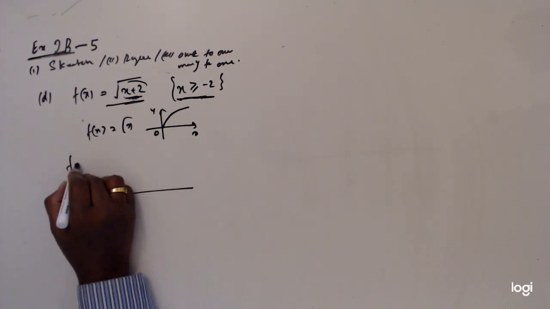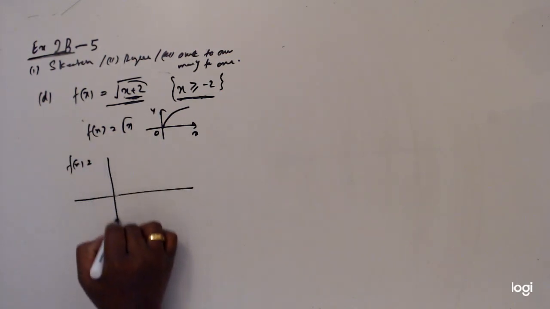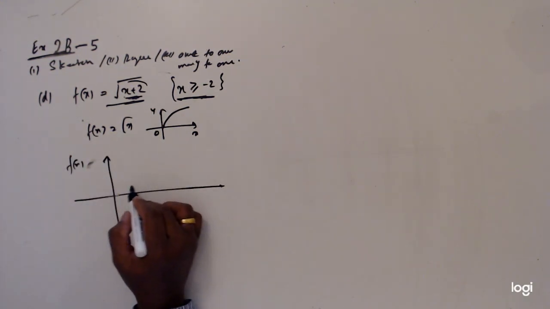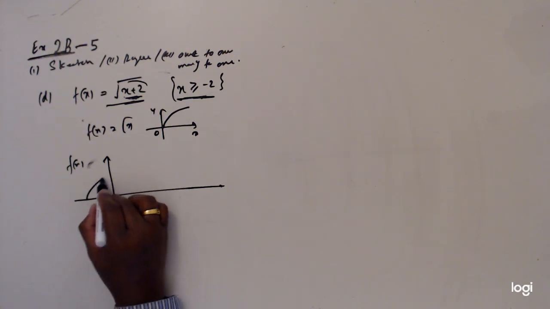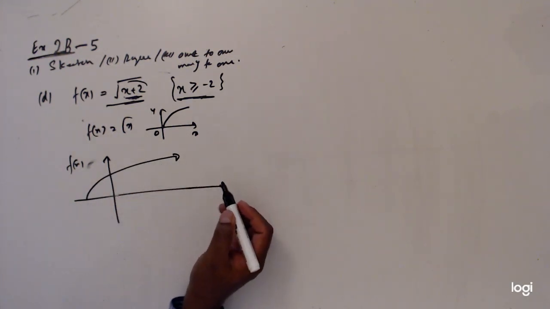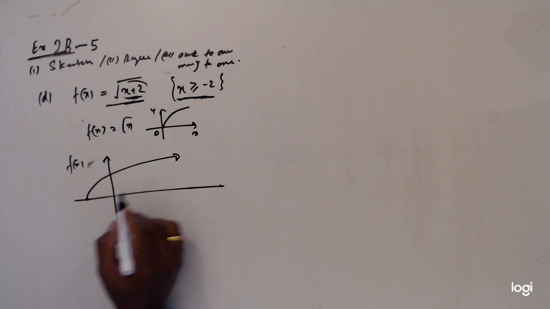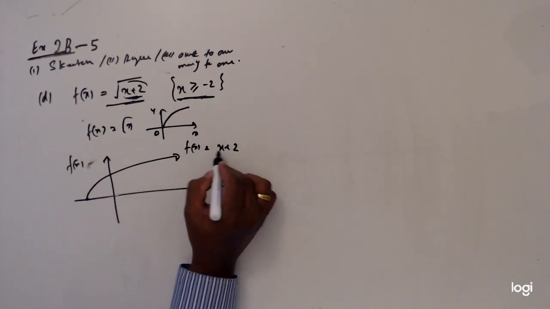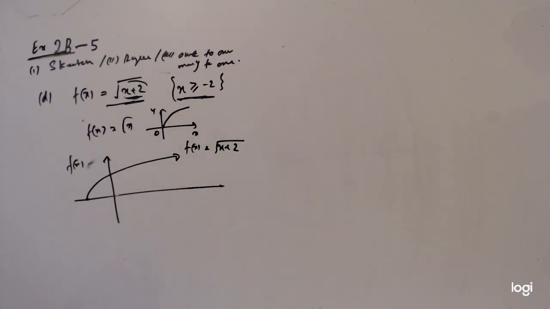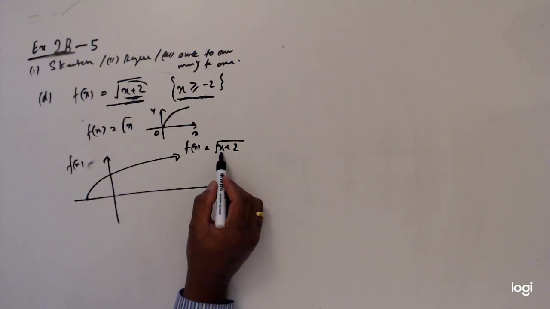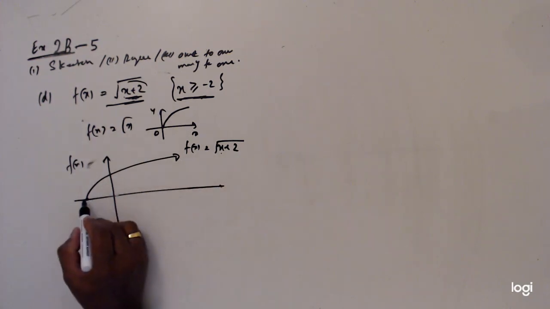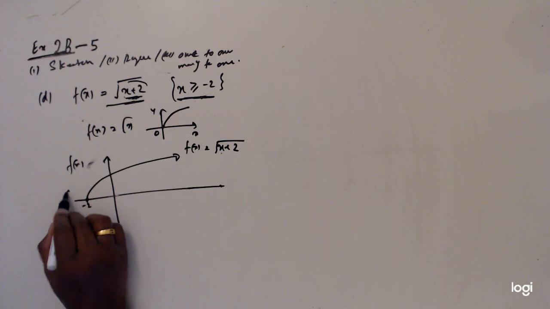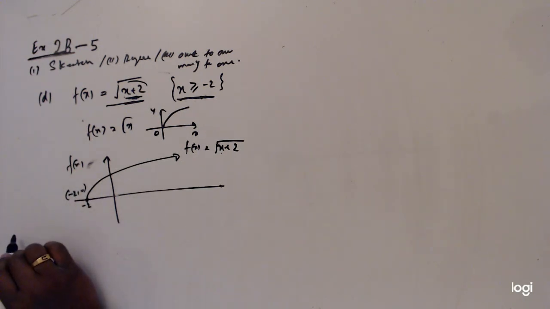So then f(x), the graph is going to be like this. Square root of x plus 2. When you put minus 2, minus 2 plus 2 is 0. So this place, the x value is minus 2. The coordinate is minus 2, 0.